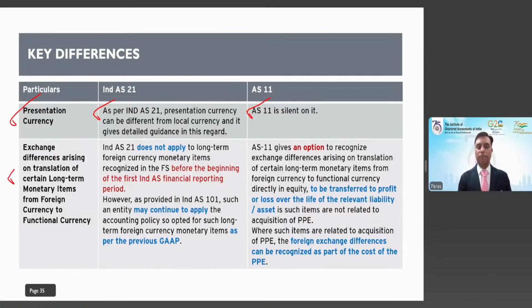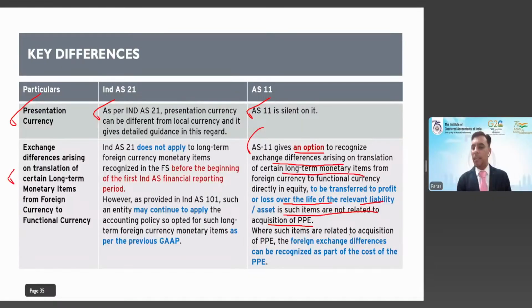Now let's read the GAAP difference regarding para 46 and 46A. First, let's read the provisions of AS 11. AS 11 gives an option to recognize exchange differences arising on translation of certain non-monetary items from foreign currency to functional currency directly in equity, to be transferred to profit or loss over the life of the relevant liability or asset, if such items are not related to the acquisition of PPE.